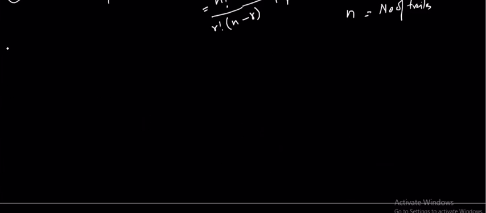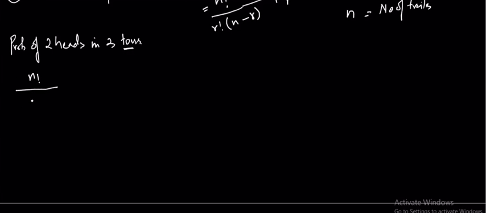Now using this binomial distribution, let me calculate the probability of two heads in three tosses or three trials. I know that the formula is simple: n factorial divided by r factorial times n minus r factorial, and then p raised to power r and q raised to power n minus r.